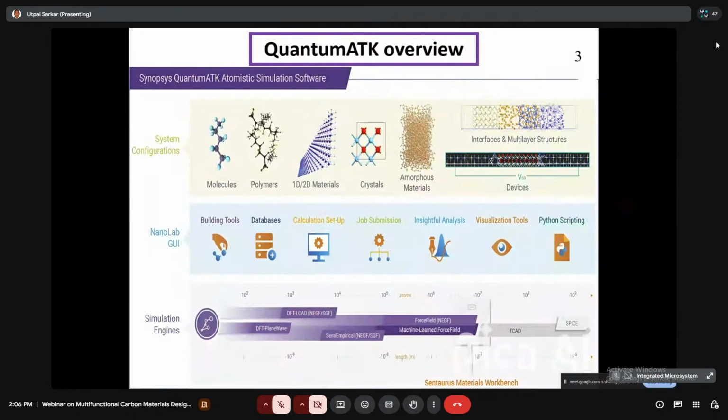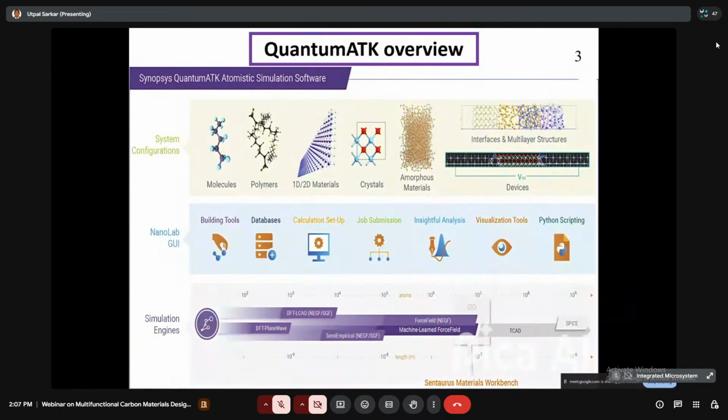Whatever you want to design is very easy to design using this GUI. And the calculation part is basically the software's code, so I don't want to comment on that. Its optimization technique is really very good, what I found.